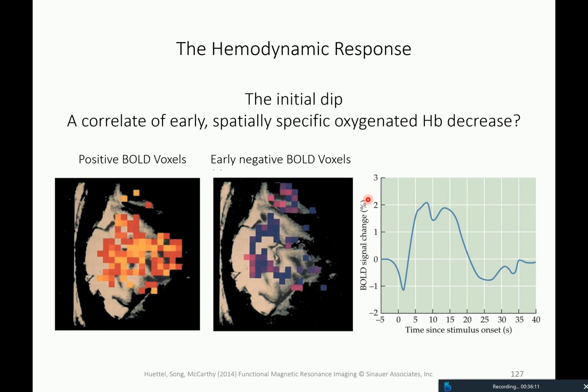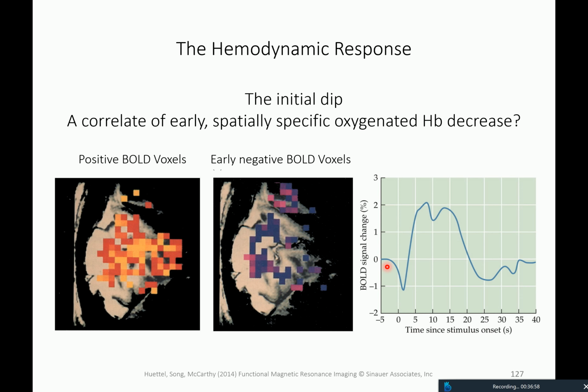One theory is that, basically in contradiction to all the stuff where you have an active site and the oxygenated hemoglobin increases, actually certain voxels early on extract more oxygen, and before the additional perfusion sets in, oxygen is consumed, and hence the level of oxygenated hemoglobin decreases, so that neural activity happens.